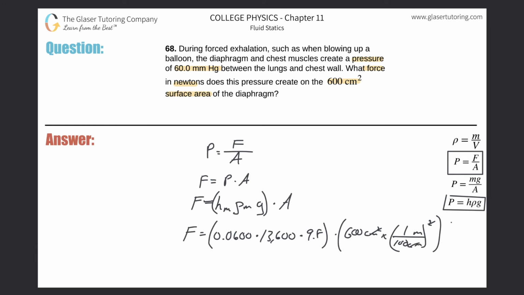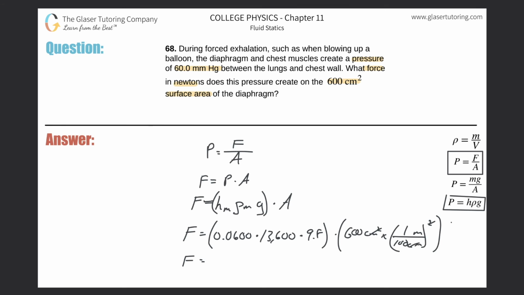So that should be it. Now we can just calculate. This portion here is 600 divided by 100 squared. So this is 0.06 multiplied by 13,600 multiplied by 9.8 multiplied by 600 divided by 100 squared.